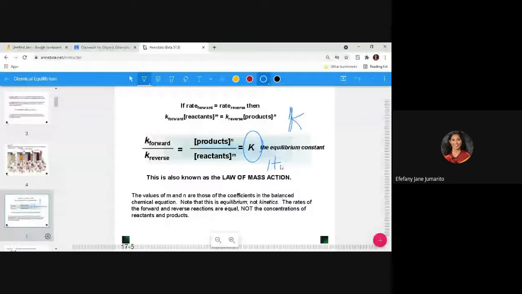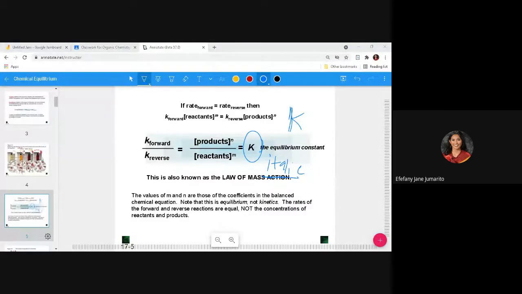We write it in italic. A Kelvin has a big K and it's neither italic nor bold, but in our equilibrium constant, it's italic.